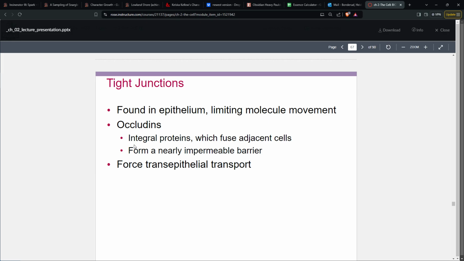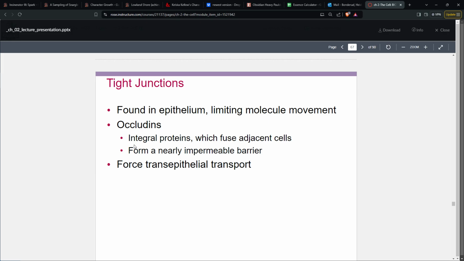The big thing with tight junctions is, yes, they force things like sodium, potassium, etc. to go through the cell, but it also forces water to go through the cell. And that's the big part of it. These junctions help form watertight barriers. So blood plasma stays within the blood vessels.